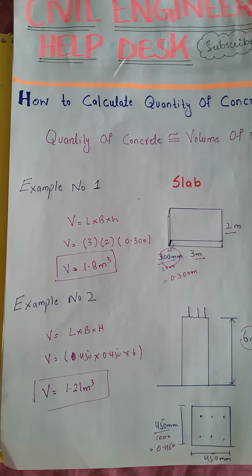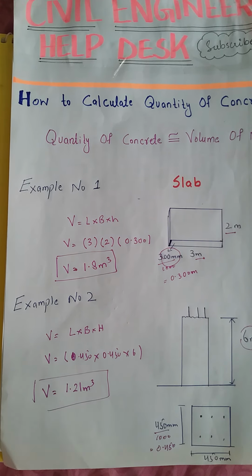Our third example is a circular member. Viewers, normally the foundation of a chimney or the foundation of turbines are usually in circular shape. So here we use this formula to calculate the quantity of concrete. I write here chimney foundation.